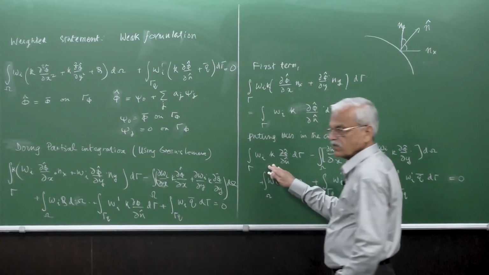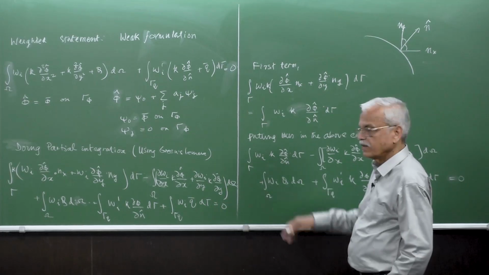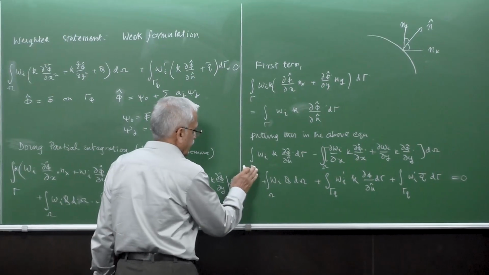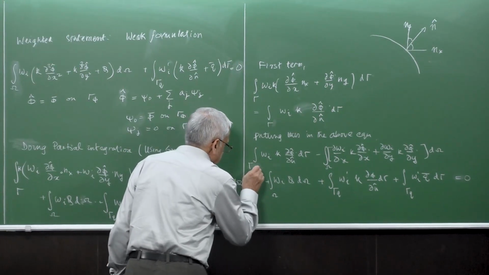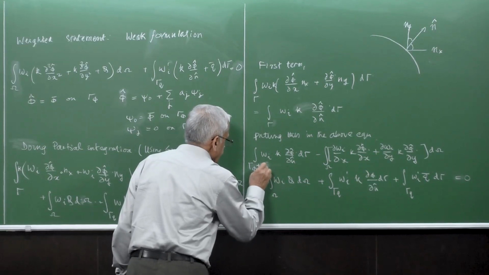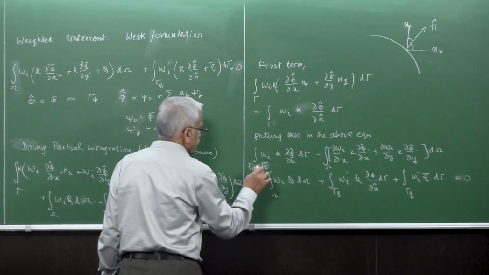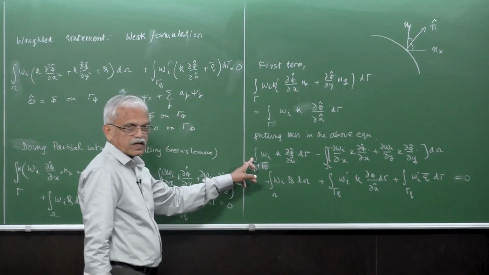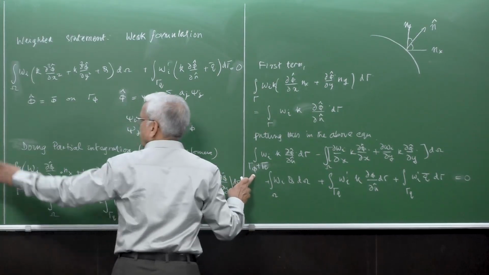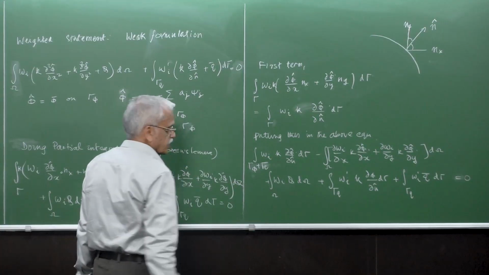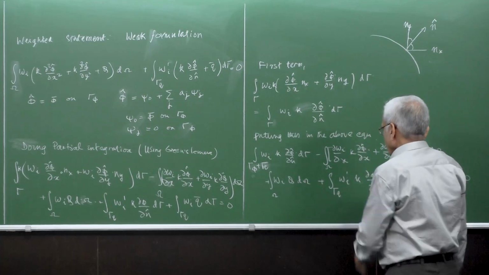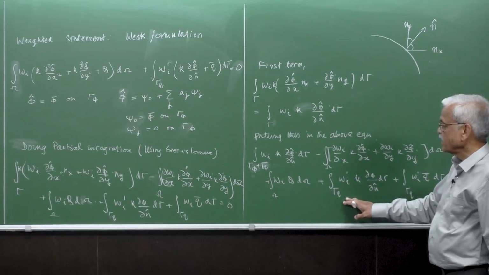So this is the first integral here, wi k dou phi by dou n. This integral actually is over the whole gamma. So we can even write it as gamma phi plus gamma q. You understand here? I can replace the whole boundary here by gamma phi as well as gamma q. Both terms will be there. Why we are doing this is by looking at the other term, which is exactly similar to this one.